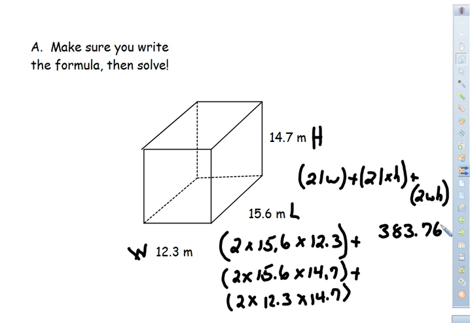Then you're going to take 2 times 15.6 times 14.7, and that equals 458.64. Then 2 times 12.3 times 14.7 equals 361.62. And again, we must add all these together.